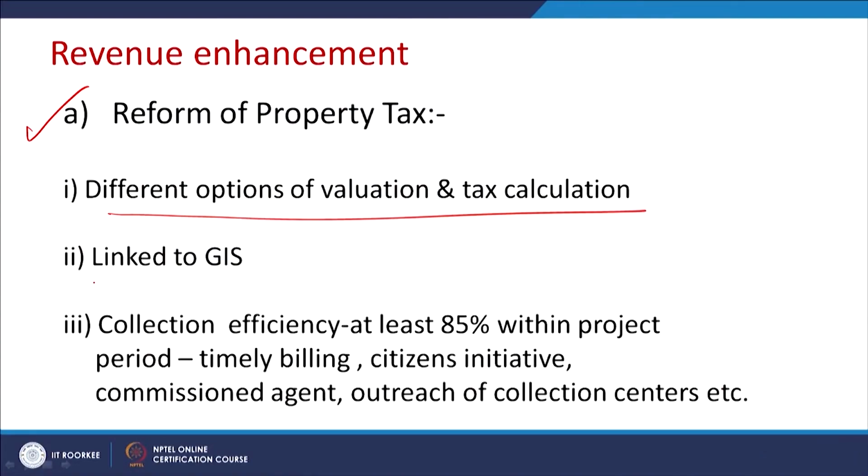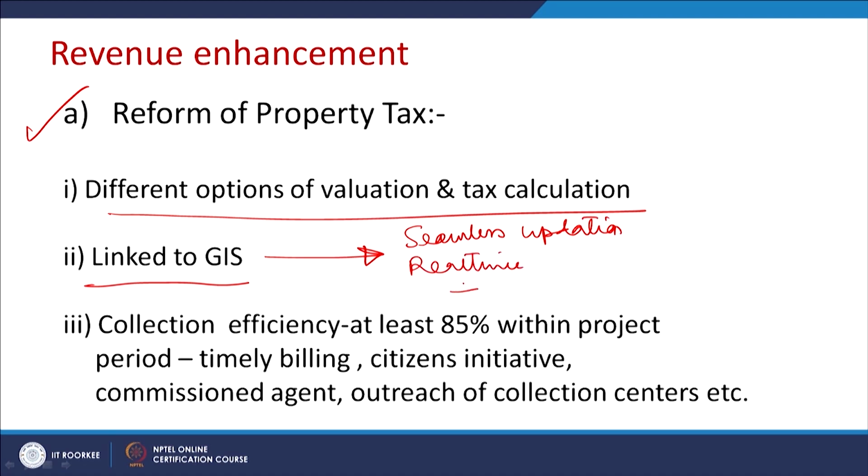Then is the property tax linked to GIS, which I have already told you can allow seamless updation in the map, and real time monitoring can also be done. Then collection efficiency should be at least 85% within the project period for any particular project, any particular investment or service delivery.